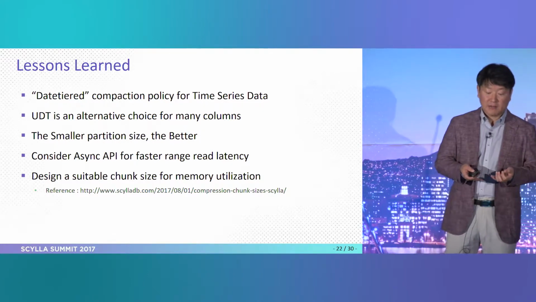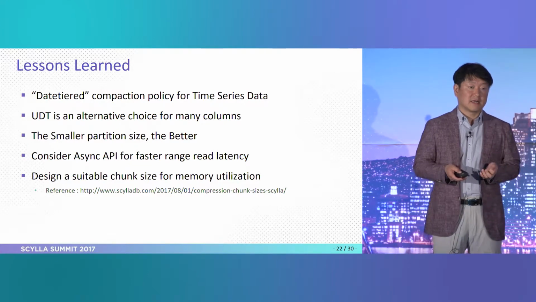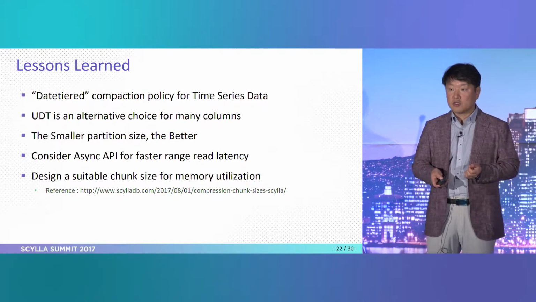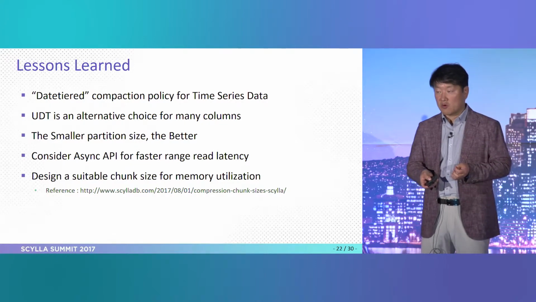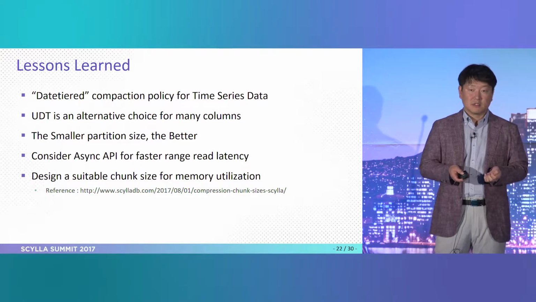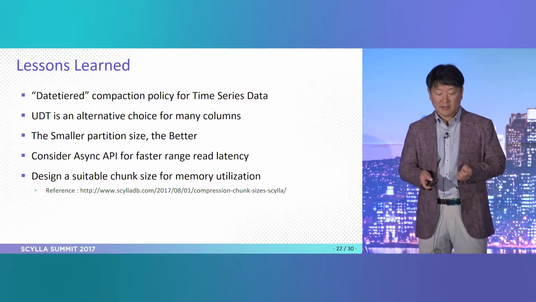Data tiered compaction policy is very useful for time series data, such as sensor data gathering. And also UDT is one of our alternative choices if there are many columns. And in many cases, the smaller the partition size, the better.